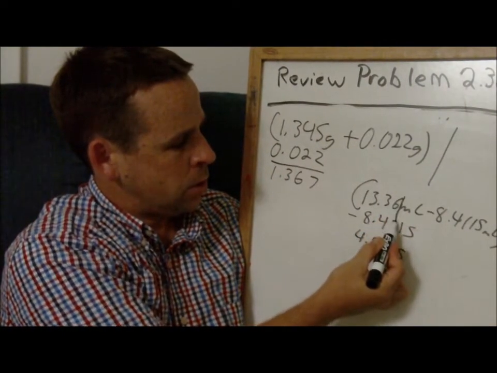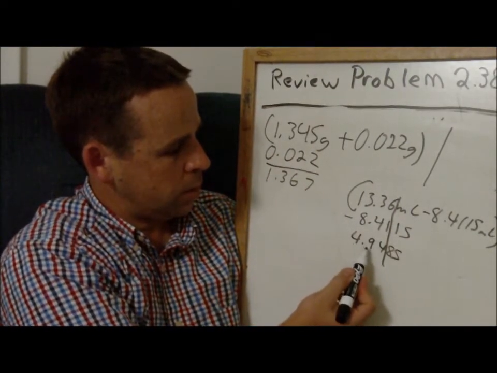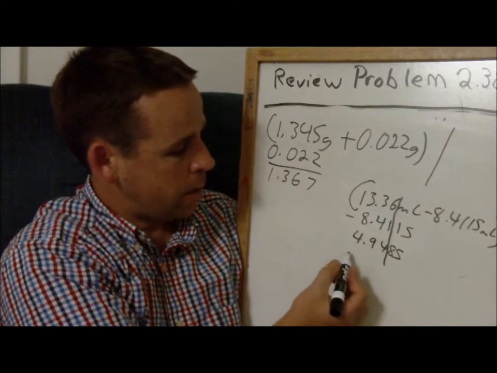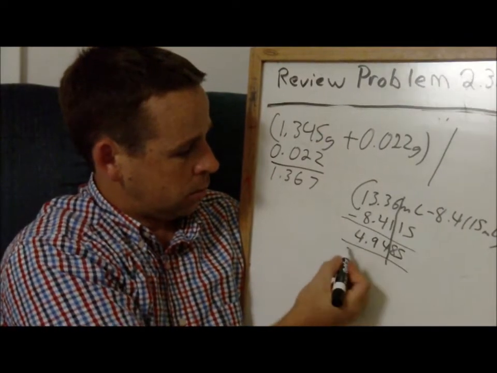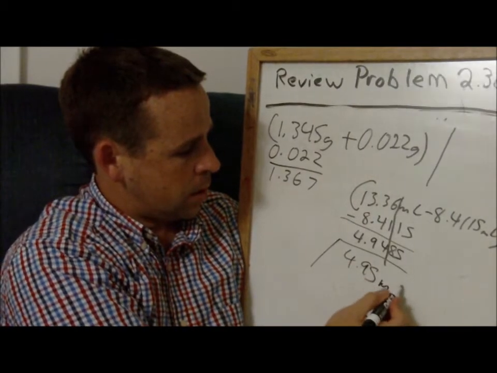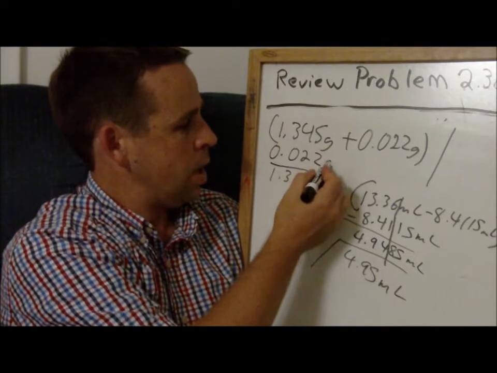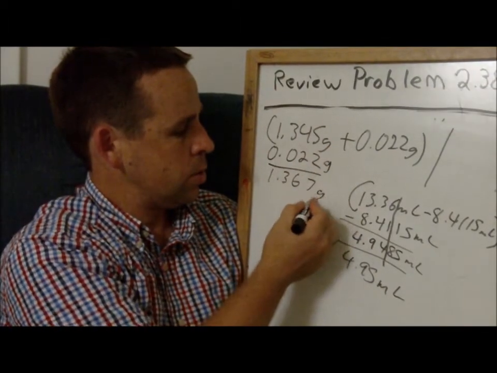Here I'm limited to 2 digits beyond the decimal point. So the answer is going to be 4.9, and this 4 is going to be rounded up to 4.95. The units there are milliliters, since this is milliliters minus milliliters. This is grams plus grams, so the answer is grams here.